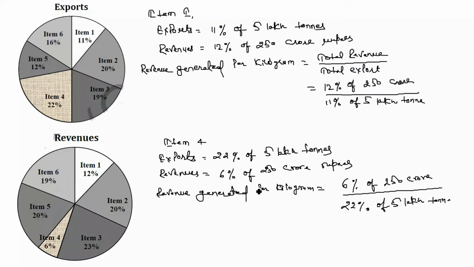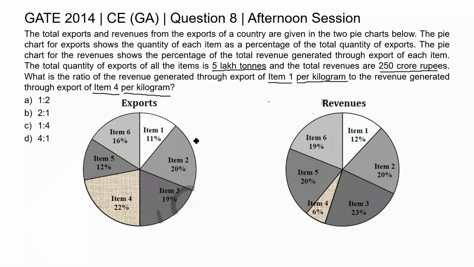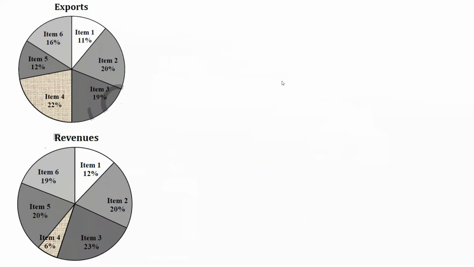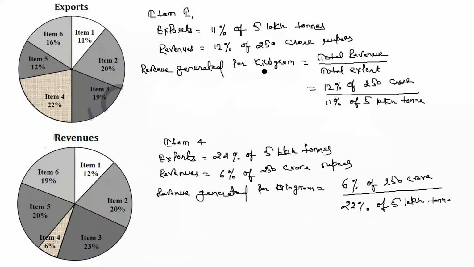Now we need to find the ratio of revenue generated through export of item 1 per kilogram to the revenue generated through export of item 4 per kilogram. So item 1 by item 4, we need to find the ratio of this.